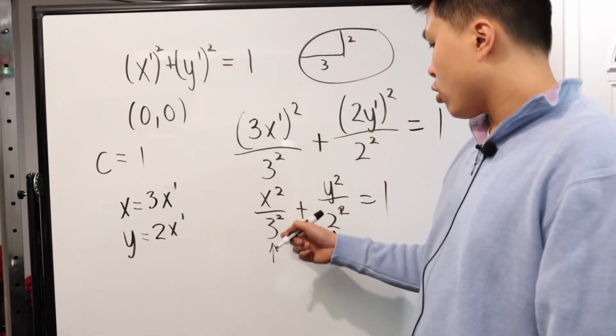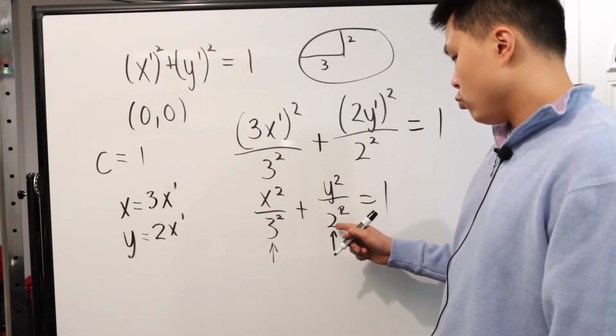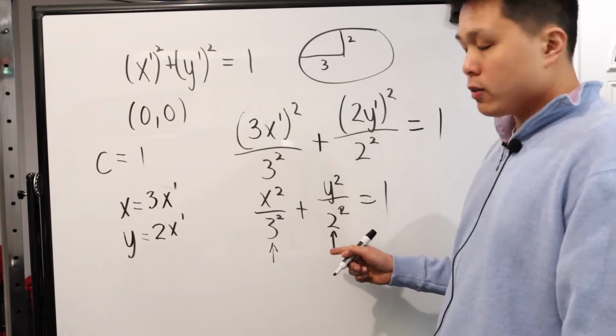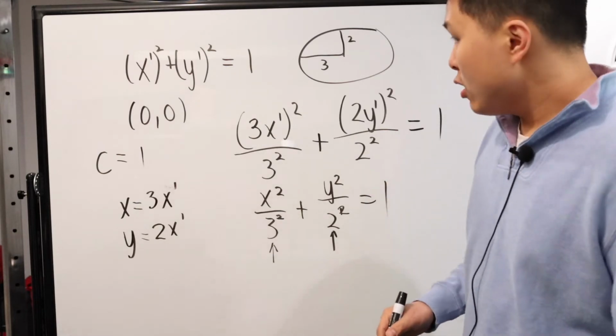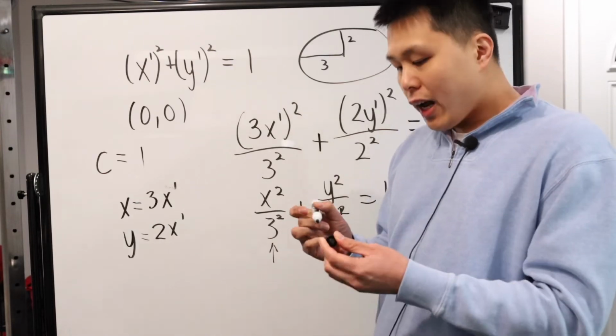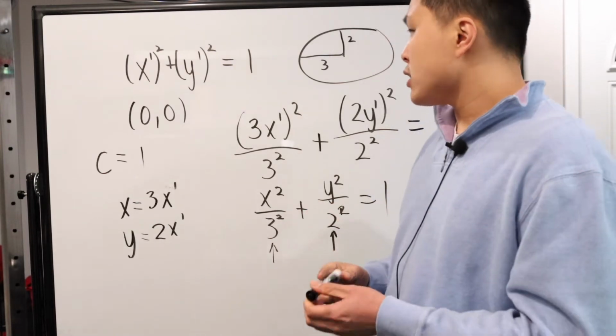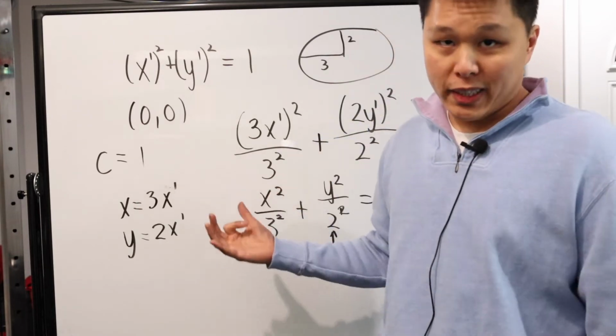This is going to tell us our x stretch. Y squared over 2 squared tells us our y stretch, and it is still equal to 1. So this I found as sort of not the best, but hopefully a better explanation of how circles and ellipses are related in terms of the formula itself.